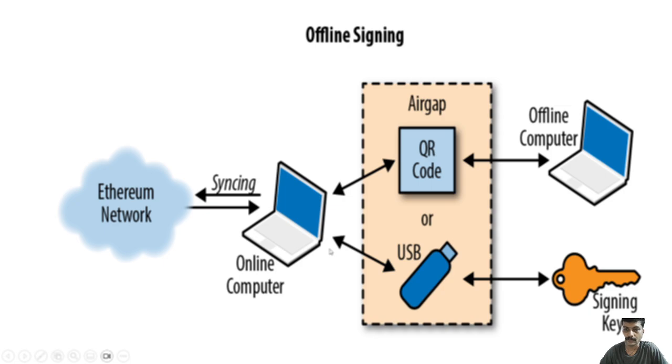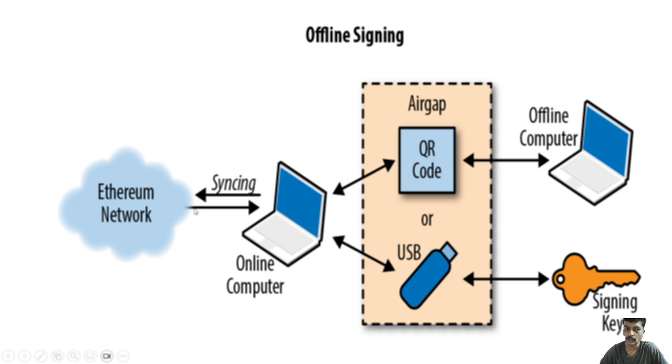So that's why your key is stored in an offline computer, which is not accessible to the internet, or it is stored in a USB, a cold storage wallet, where if you have to sign, you need to use the USB, which doesn't connect with the internet. Of course, through the air gap mechanism, you can use the QR code, and based on that your signing happens.